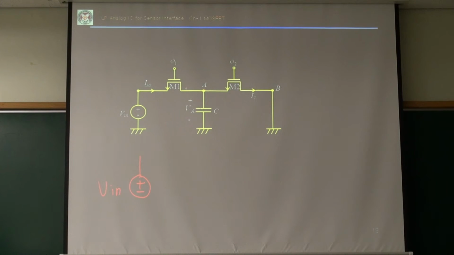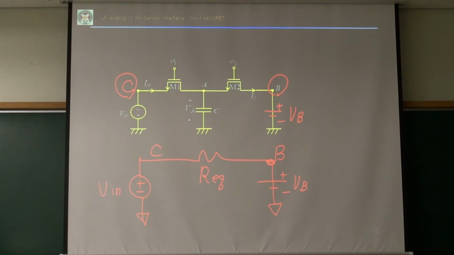So I can approximate this switched capacitor into an equivalent circuit, something like that. This is a C node and this is a B node. So this is a REQ between C and B. This B happens to be connected to here, so this B can be connected to any DC bias.